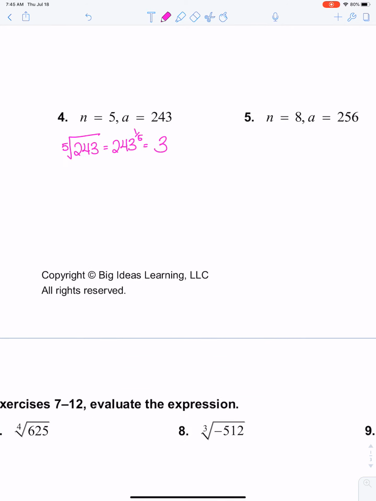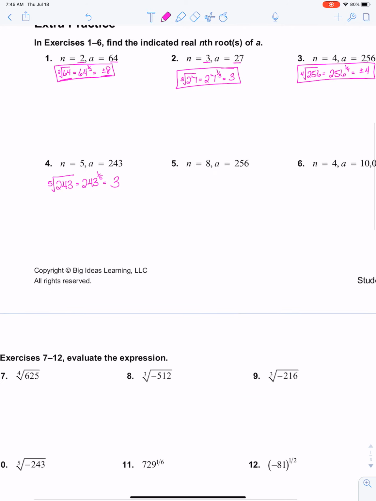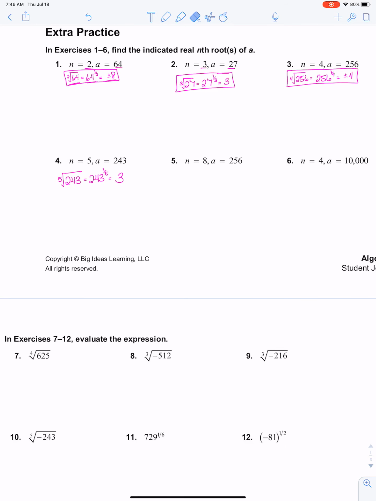Notice, I hope you're noticing that on our even roots, we're having this plus or minus, right? And the odd roots, we don't get that plus or minus. The even roots, again, are going to have 2 answers, while the odd roots do not.